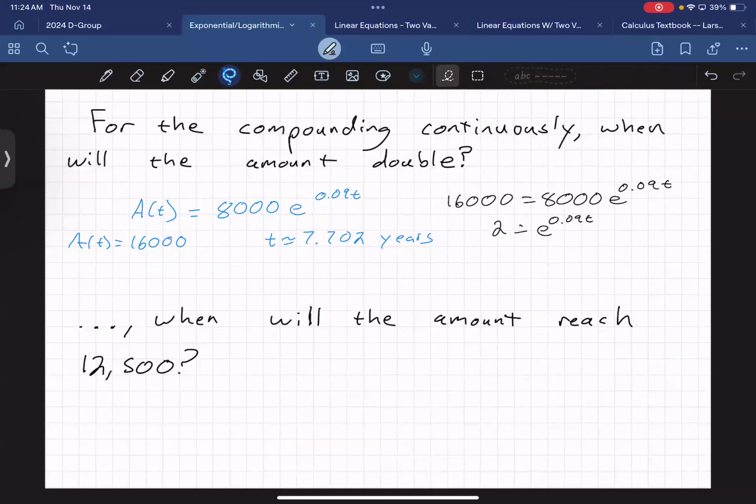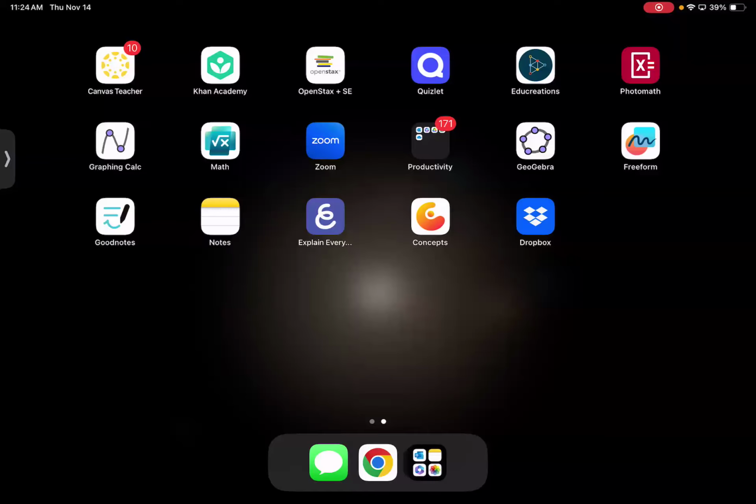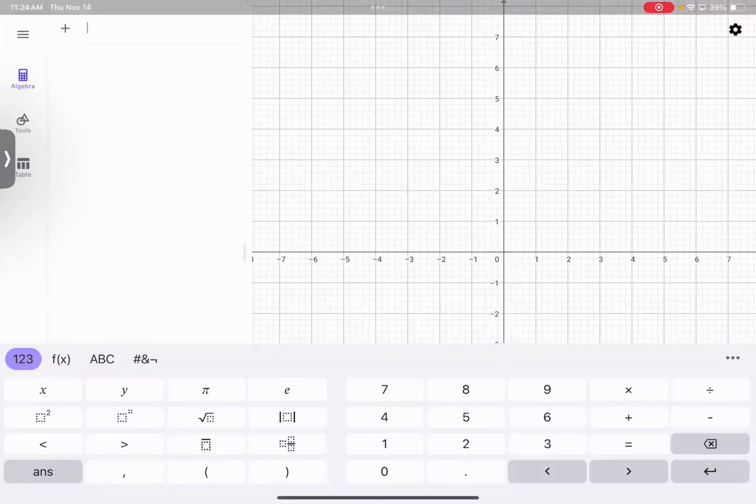All right, so let me pull up a graph. We said 8,000, right? We said 0.09, right?